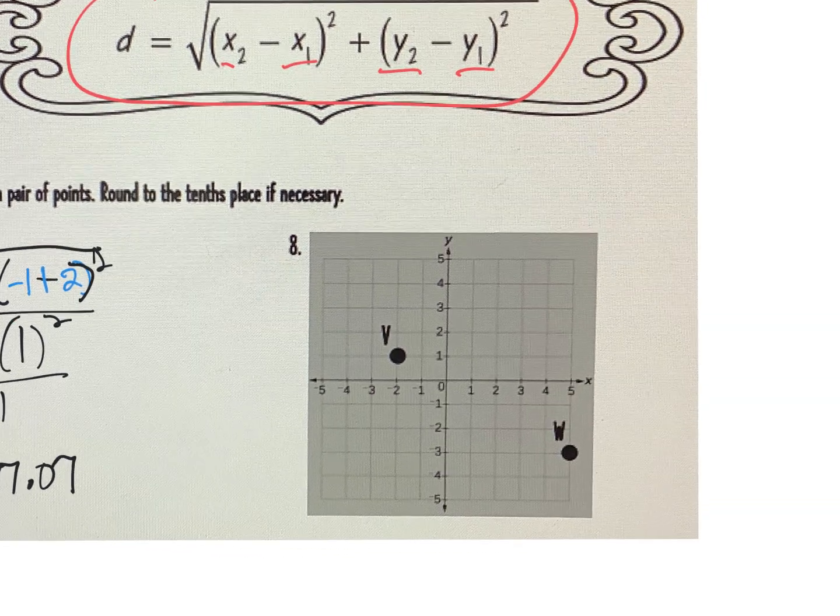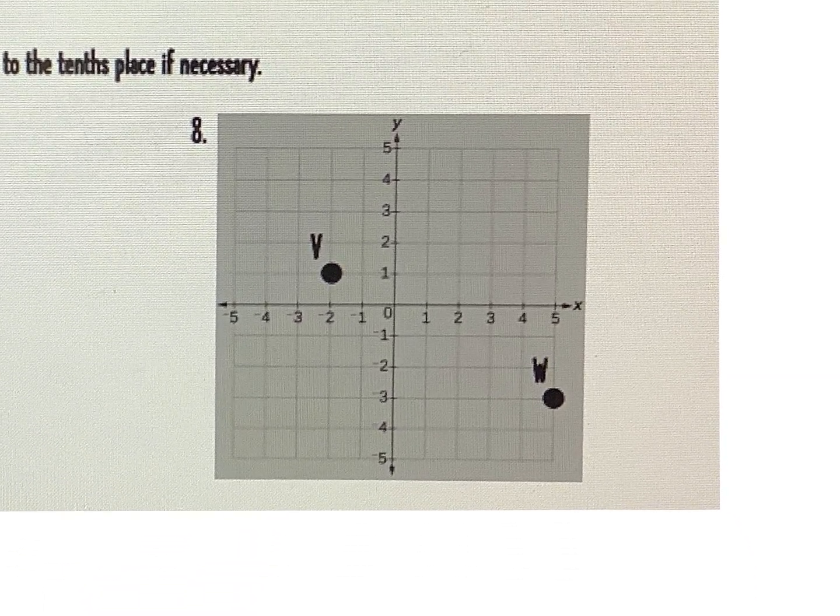All right, let's do problem number 8. We're going to use the distance formula again. This time we need to figure out what our points are. Our points are V, which is, start at your origin, negative 2, and I'm going to go up 1. So there's my V point.